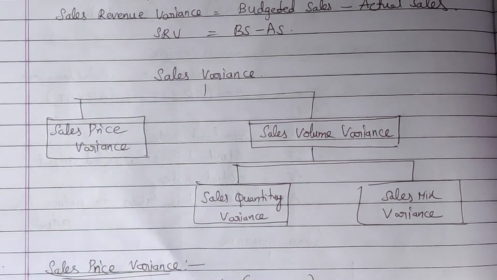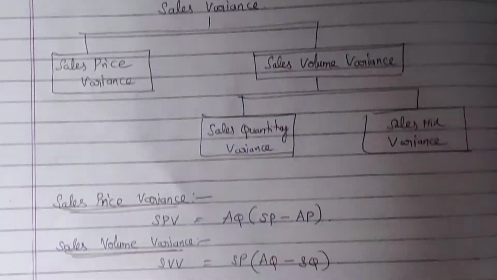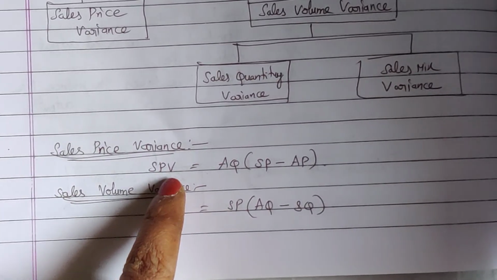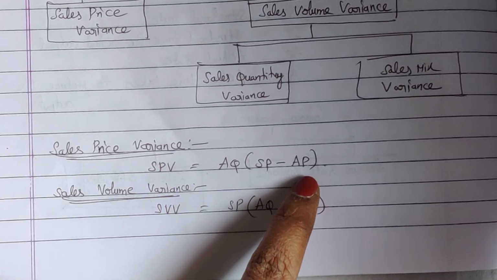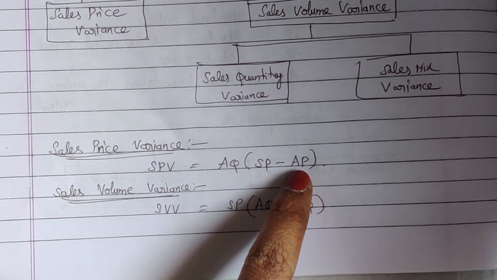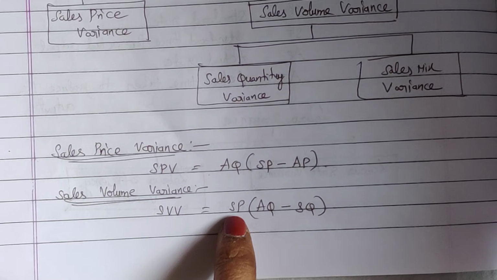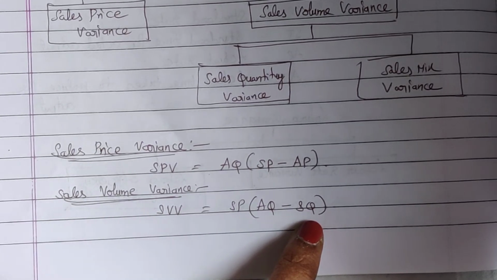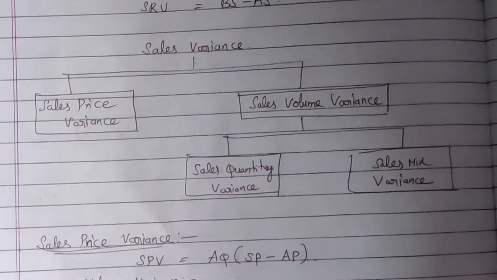And we have formulas also: sales price variance is equal to actual quantity into SP minus actual price. SP means sales price, selling price. Sales volume variance, SP selling price into actual quantity minus standard quantity. So let us solve one problem in order to get this sales variance.